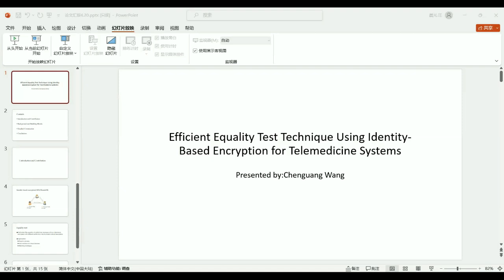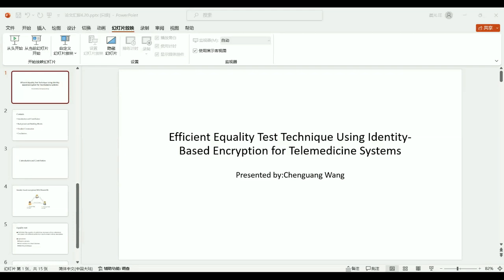The system model for the application of equality test technology in this paper is shown in the figure. The designed system model supports revocable functionality and is oriented to the field of telemedicine systems.